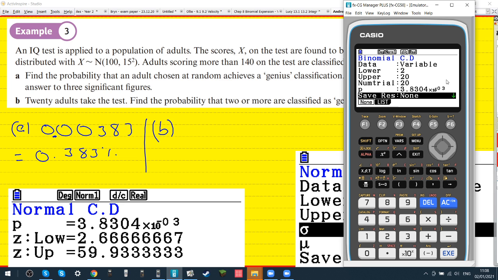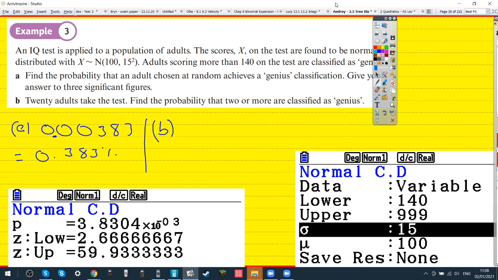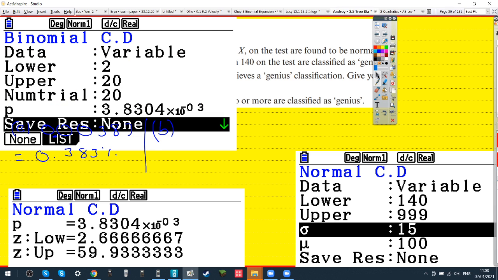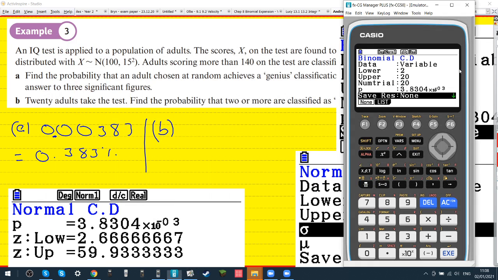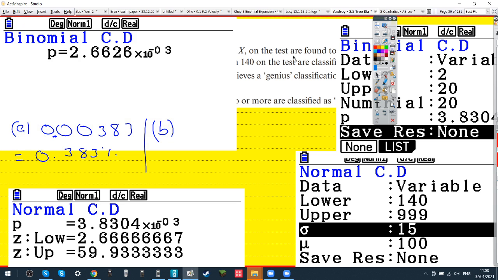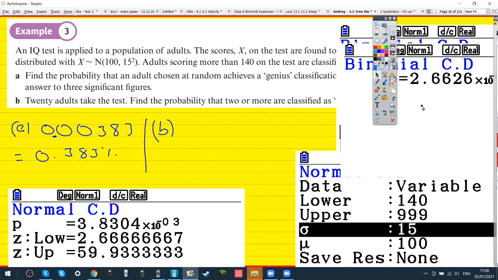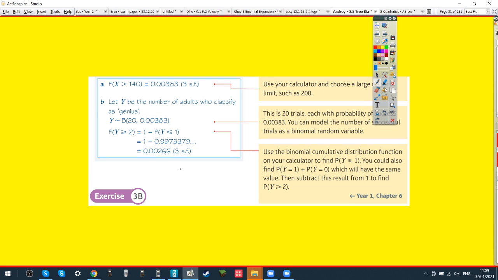So what is this one? 0.00286. I thought it'd be smaller. 0.286%. Hope that's right. There we go.